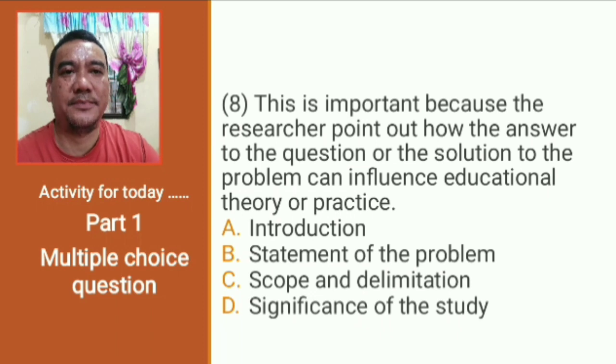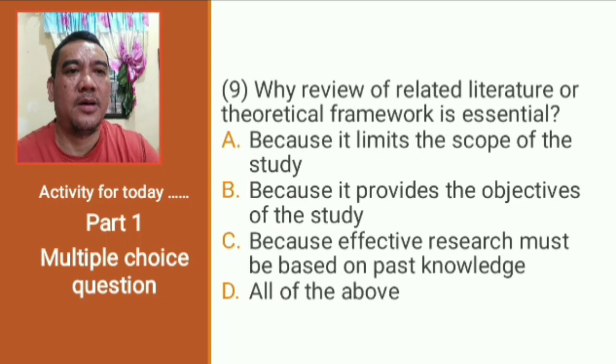Question number 9. Why is review of related literature or theoretical framework essential? A. Because it limits the scope of the study. Letter B. Because it provides the objectives of the study. Letter C, because effective research must be based on past knowledge. Or letter D, all of the above.